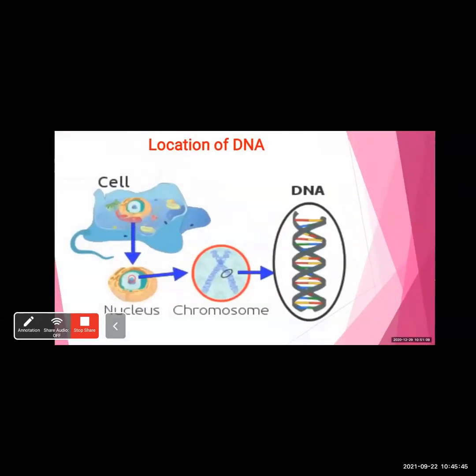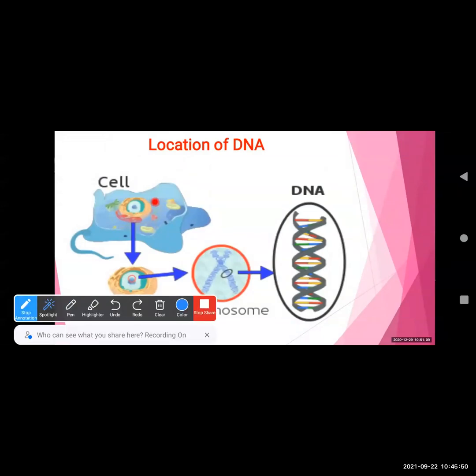So let us see the location of the DNA. You can see the cell is here, right? This is an animal cell. Inside the cell, there is the nucleus. Then inside that nucleus, there are chromosomes, which are compact coiled structures. When you uncoil the chromosomes, you will find the DNA. DNA is present in a highly coiled form inside the chromosome.